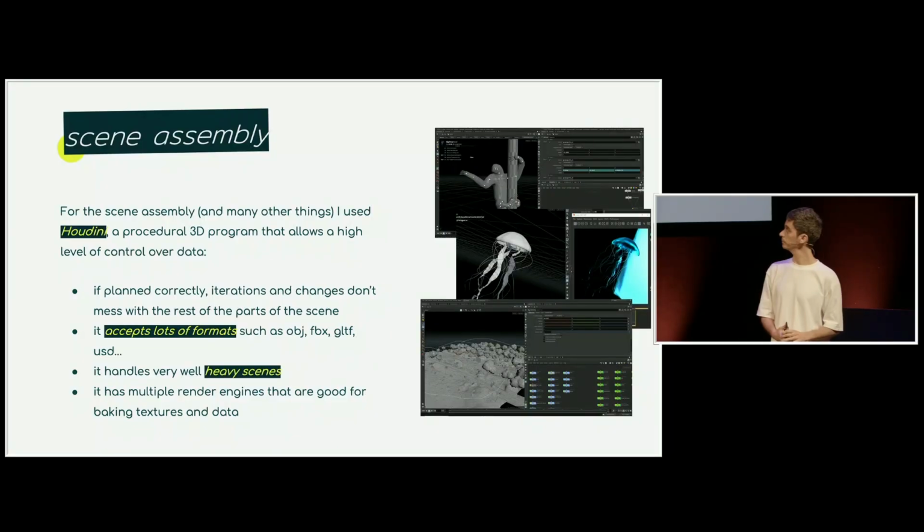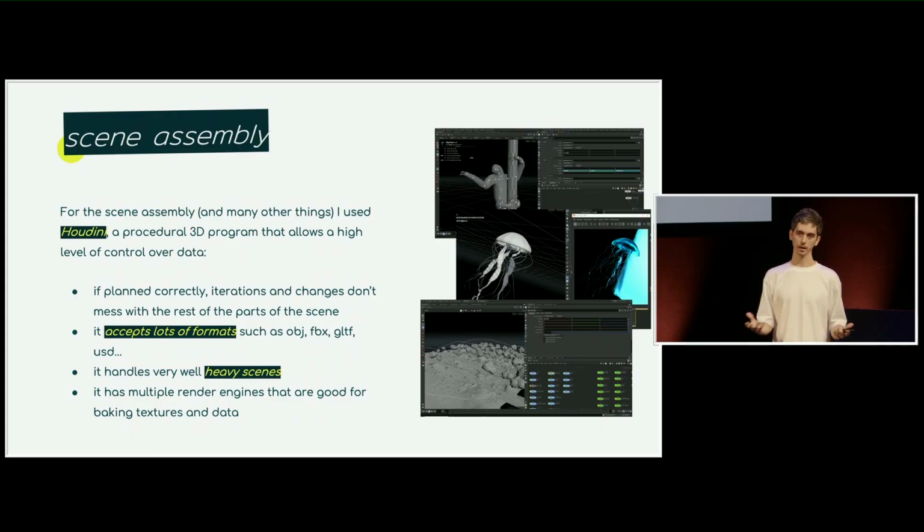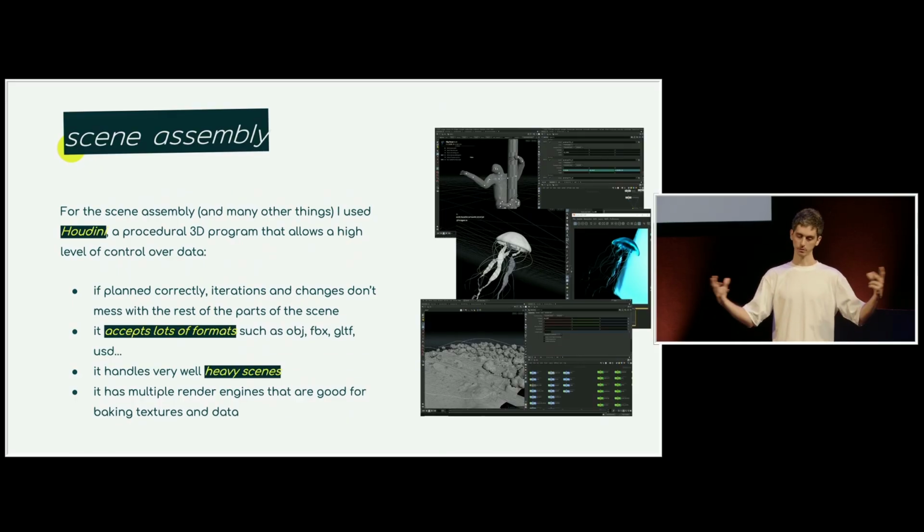Well, for the scene assembly, I use Houdini. It's a very powerful program. VFX houses and movie studios are using it more and more these days because it accepts all types of geometry and simulations, you can put really heavy scenes in it, and it's procedural.